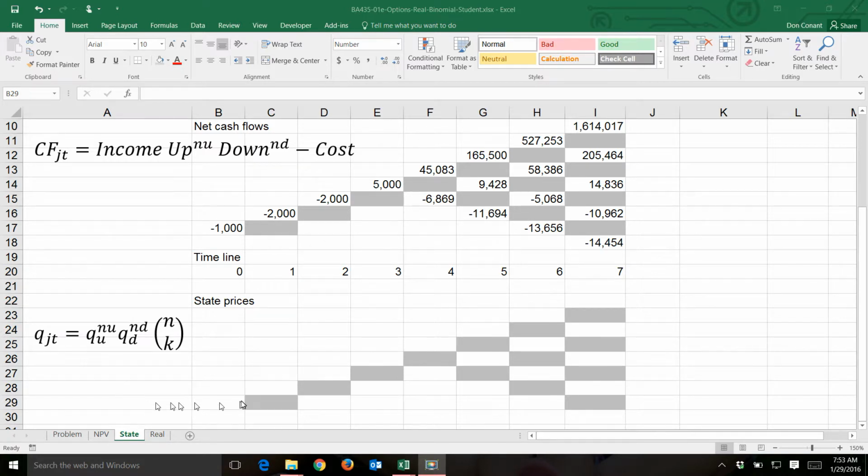All right, to begin with the state prices, we'll begin at period 0 here with a value of 1. We're going to create the probabilistic model here of the prices at each state, up or down. So we have to factor in whether our model is anticipating an upward market or a downward market or a combination of the two.